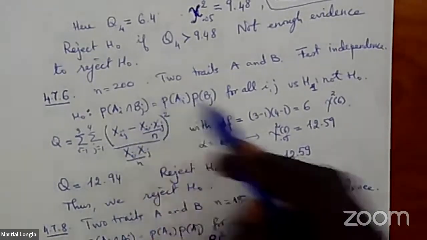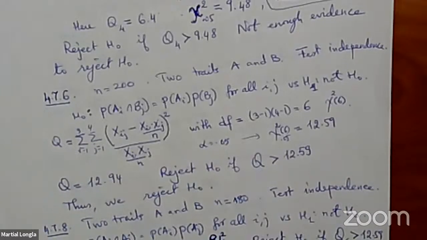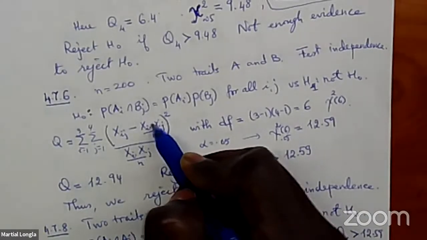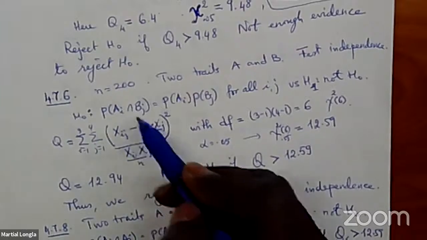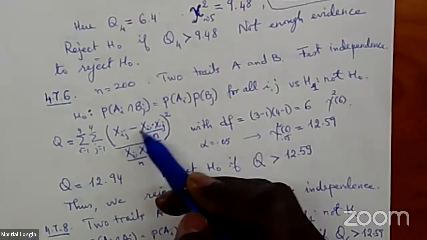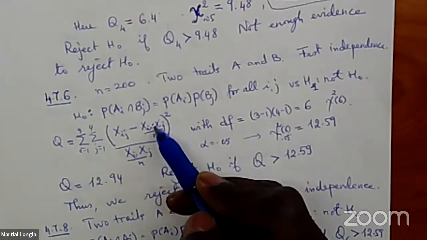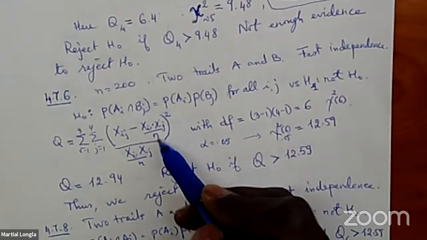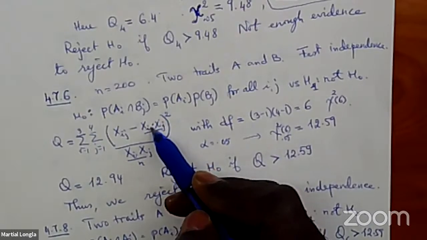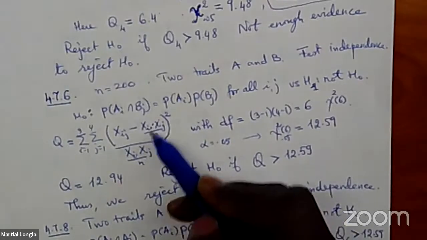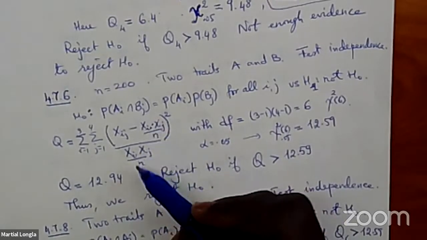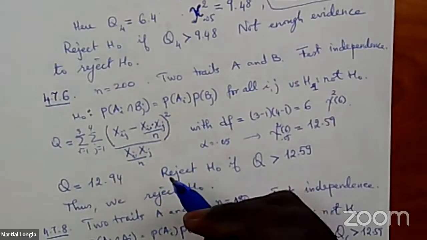And then multiply by N. So the probability of each of them is actually N times xi dot over N times x dot j over N. Knowing xi dot, what is it? We define this as being the sum of all observations at the level xi.